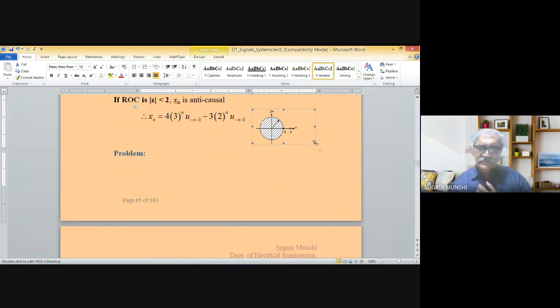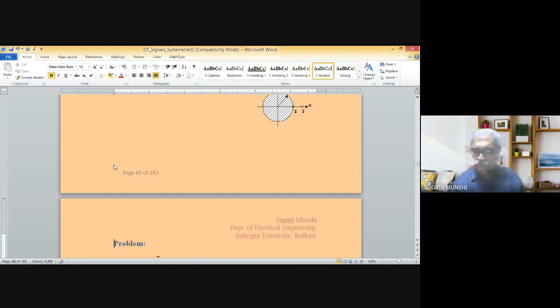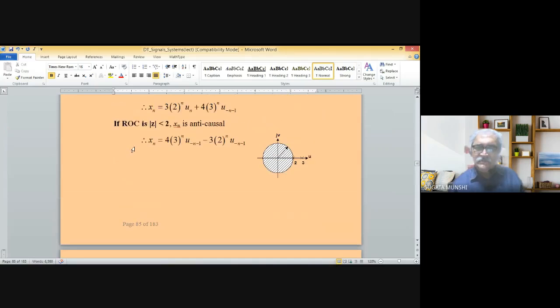This is case 3. I am showing you case 3 first, then I move on to case 2. Let's see here that in this case, this is a circle of radius 2 units in the z plane.